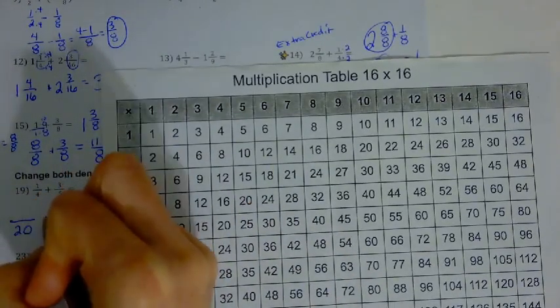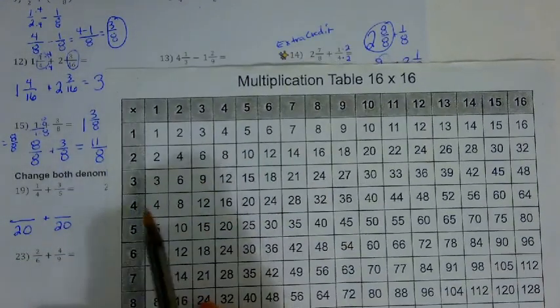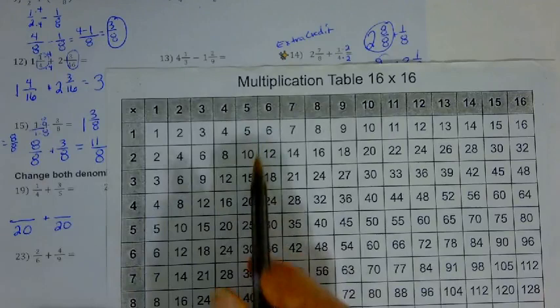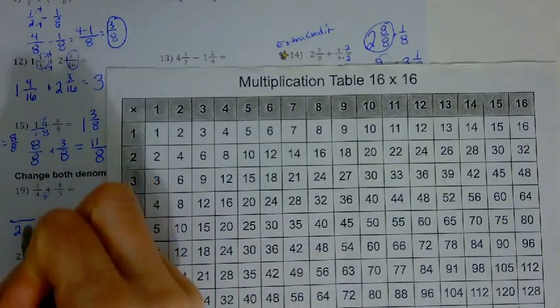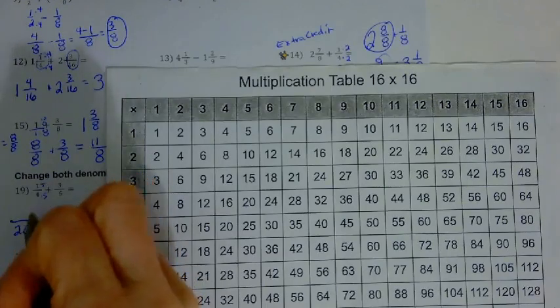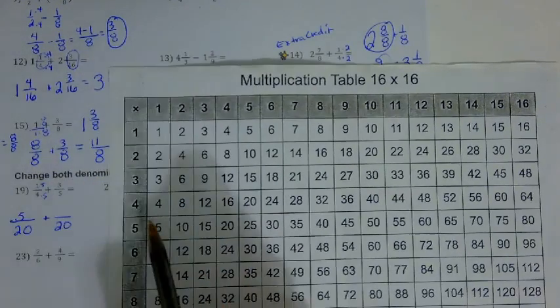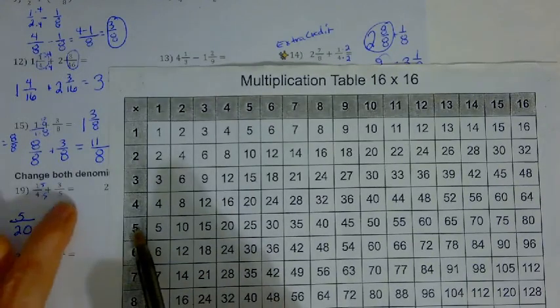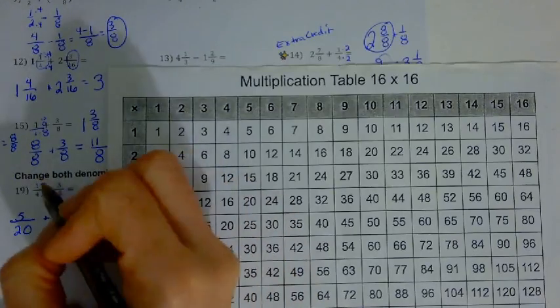All right, so let's look at how we're going to do that. So to make 4 into 20, we multiply it by 5. So we multiply this by 5 to get the 20, and multiply this by 5 on top, so we get 5 20ths. Then we have 3/5. Okay, well, to make 5 into a 20, we multiply it by 4. So I multiplied it by 4 to get 20, so I have to multiply the top by 4.